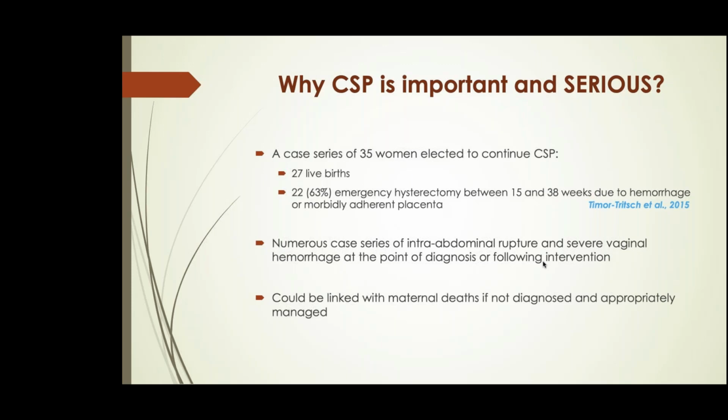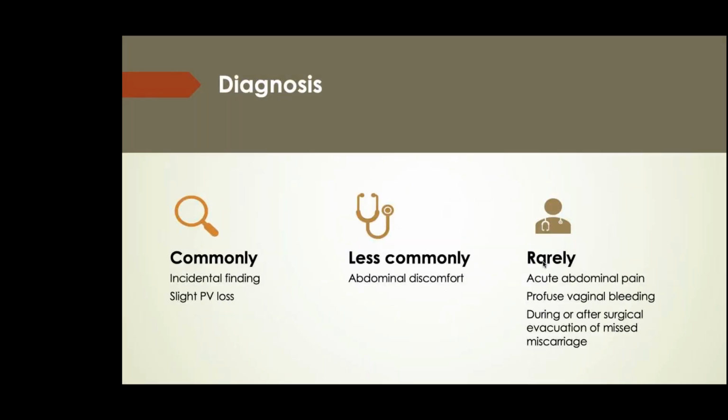It has been linked to maternal deaths if not diagnosed and appropriately managed. So the range is from massive blood transfusion to hysterectomy to intra-abdominal bleeding and even maternal death. So cesarean section scar pregnancy is a serious clinical diagnosis.